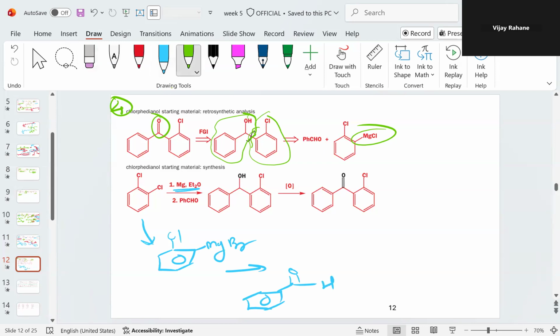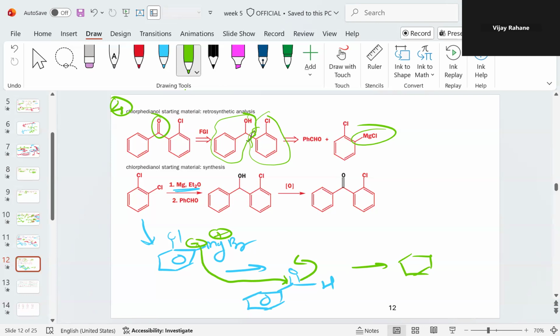In this case, this will be the negative charge, and this Mg is the positive charge. This negative charge attacks the carbonyl center, which is delta positive, right? So this negative charge attacks the electropositive carbonyl center, and this O gets O negative, and upon abstraction of proton from the solvent, it will be OH hydroxy.